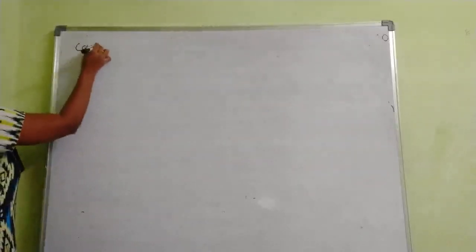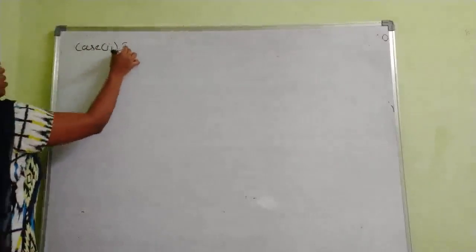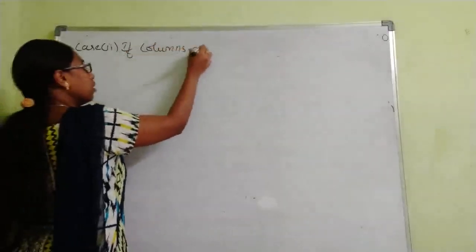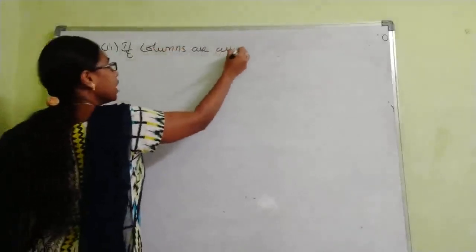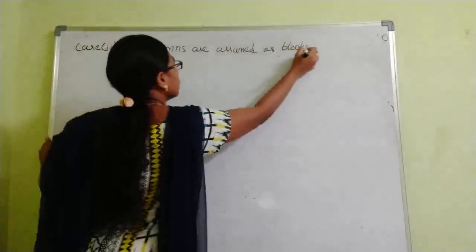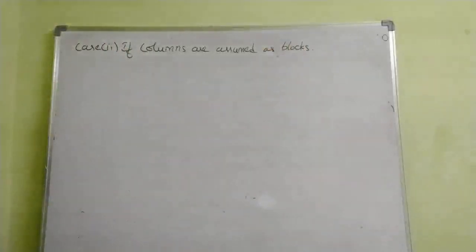So before writing case 2, what was the value we had? If columns are assumed as blocks, that means wherever you have sigma c square, you will write sigma b square.